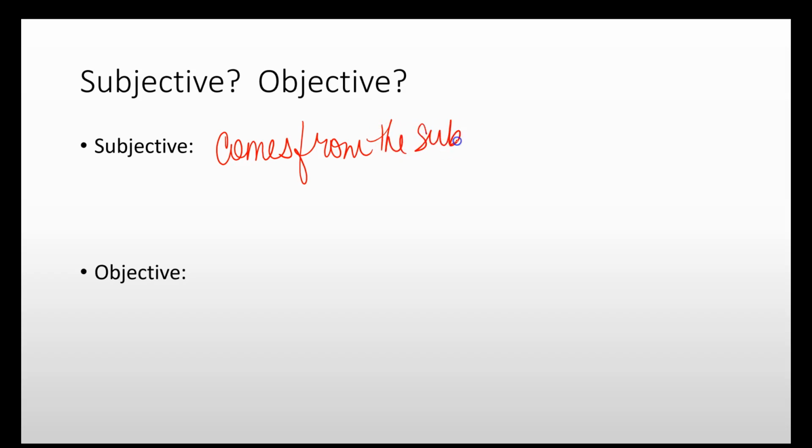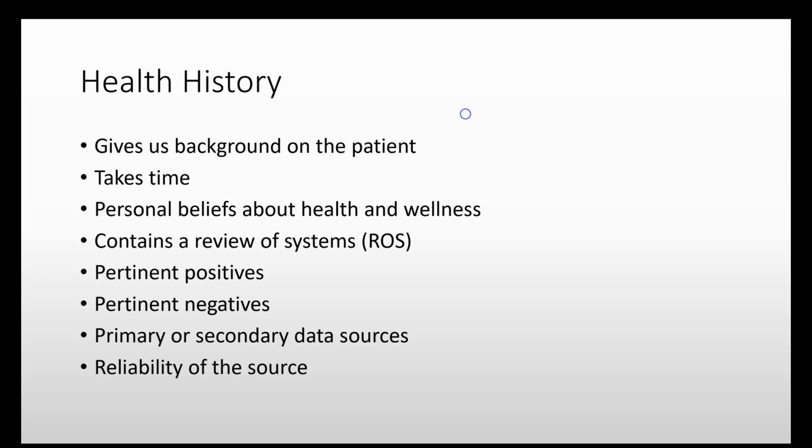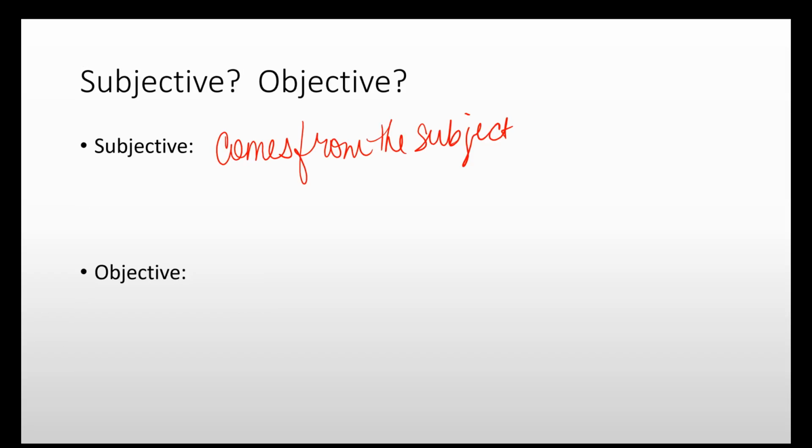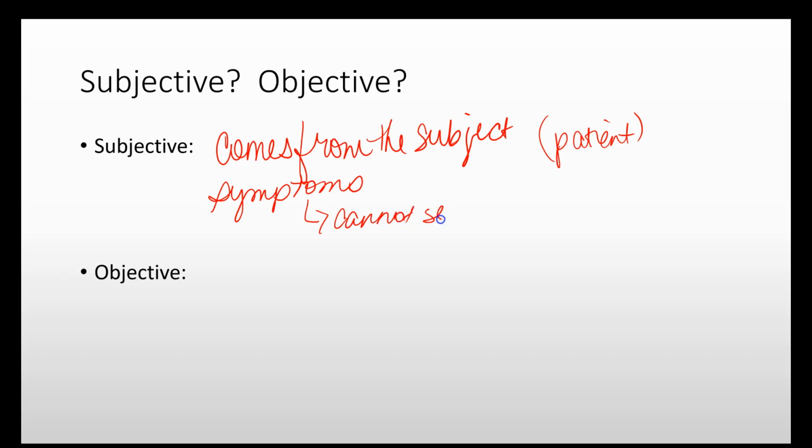And the subject is the patient. When we talk about subjective, this is usually symptoms. These are things that we as the nurse cannot see. So examples of this, we have nausea.